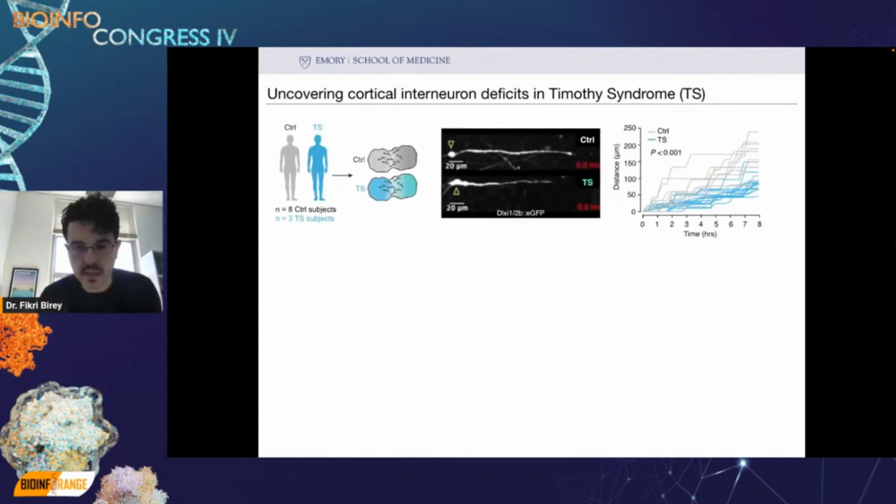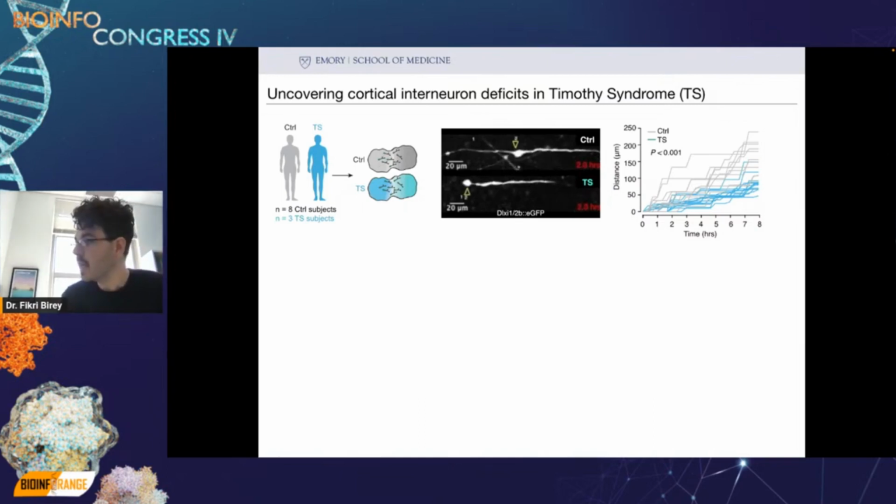So we thought this is a good candidate for this kind of model because calcium, among many things that it does, has been shown to be important for motility, axon pathfinding, these early developmental things that are related to cells finding their way in the developing brain. So we had human iPSCs from 3 different Timothy syndrome subjects, along with 8 control subjects, and we generated this set of assembloids and looked at how these cells were moving.